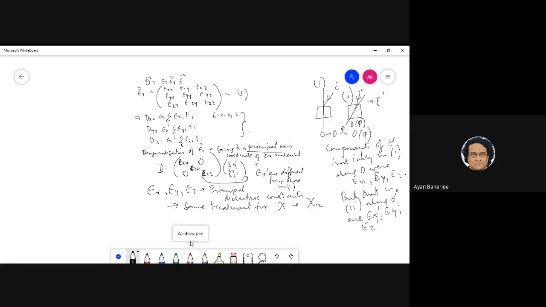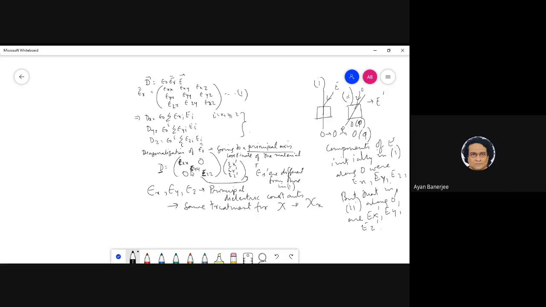Right? So experimentally, what does going to principal axis coordinates mean? Basically, what that will mean is that you are going to the minimal description of the system where the polarization etc. will all be, so essentially you're throwing off the off-diagonal terms, right?